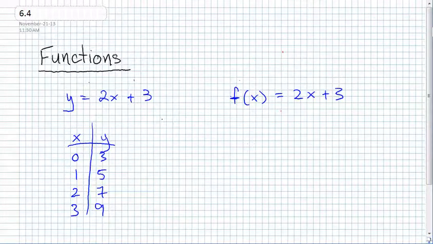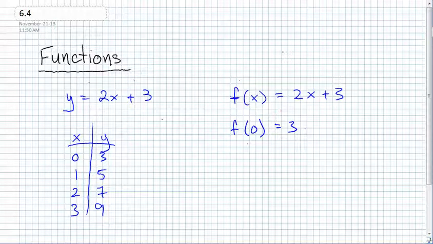And then how I write the table of values can look a little different as well. In other words, instead of saying that y is 3 when x equals 0, I can say f of 0 is equal to 3. That means the function f equals 3 when x equals 0, or if you substitute 0 into the function f, you get the answer 3.